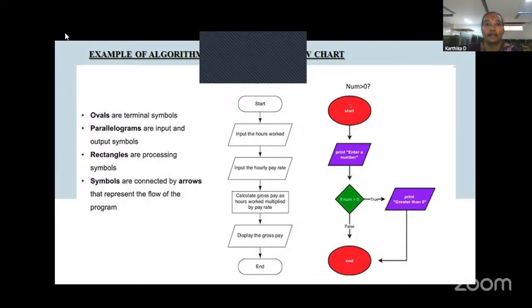Then these sub problems are solved independently. If necessary, we can subdivide them into further sub problems. Finally, we combine all the solutions of the sub problems into a solution of the whole problem.